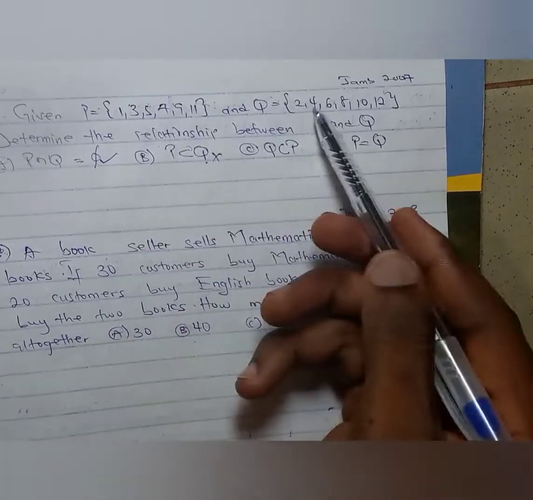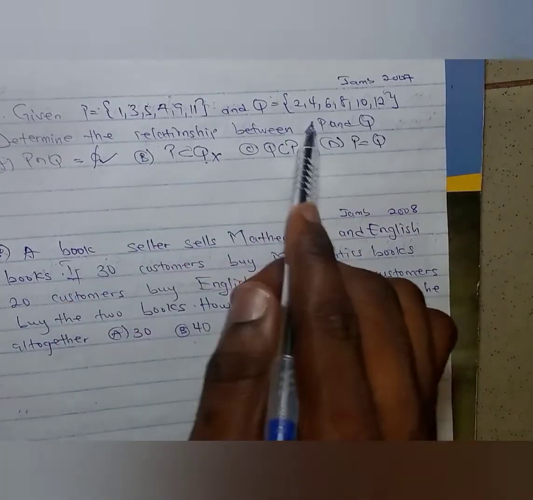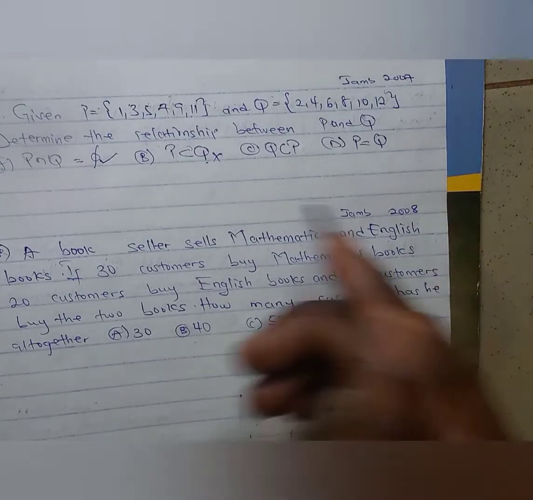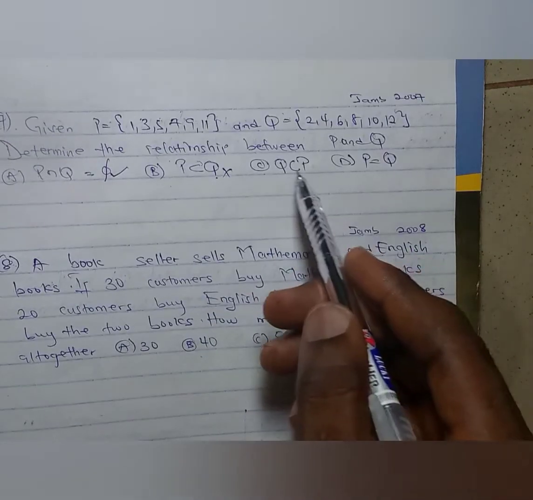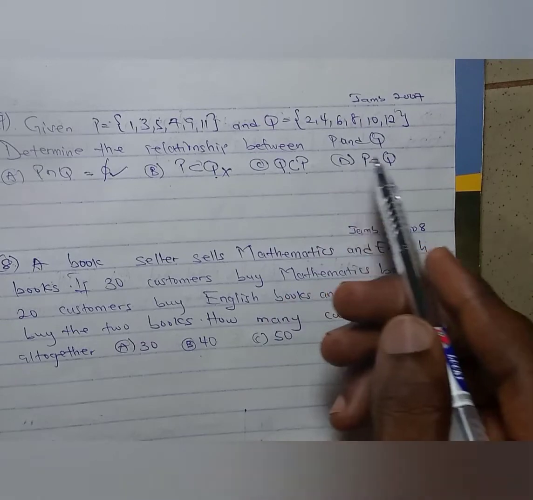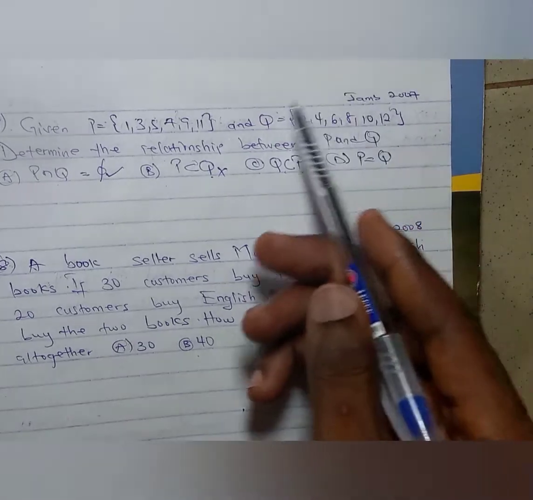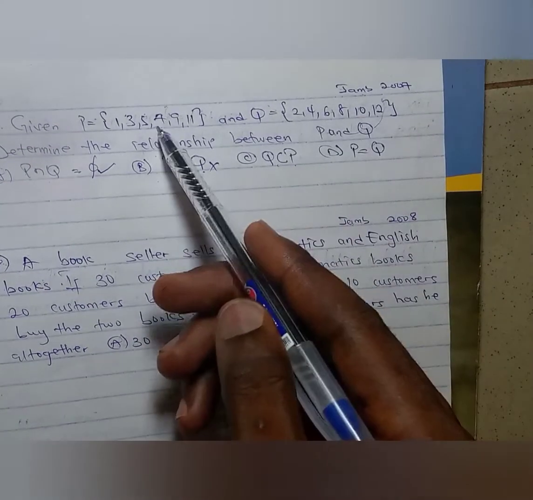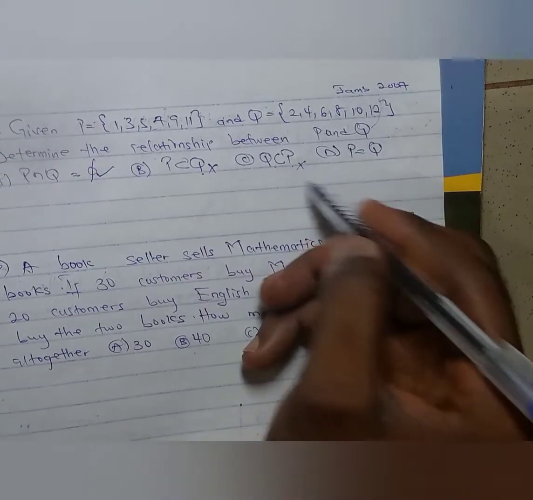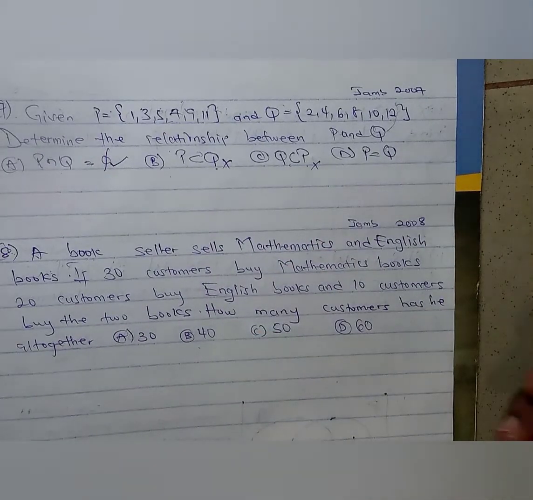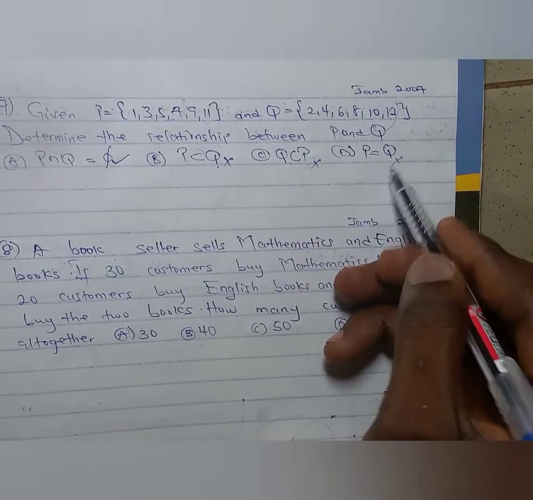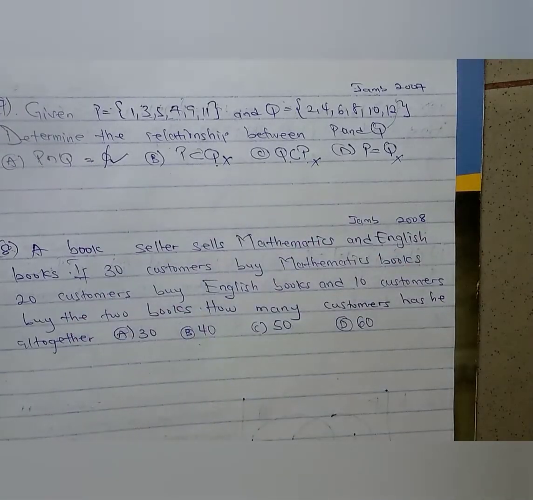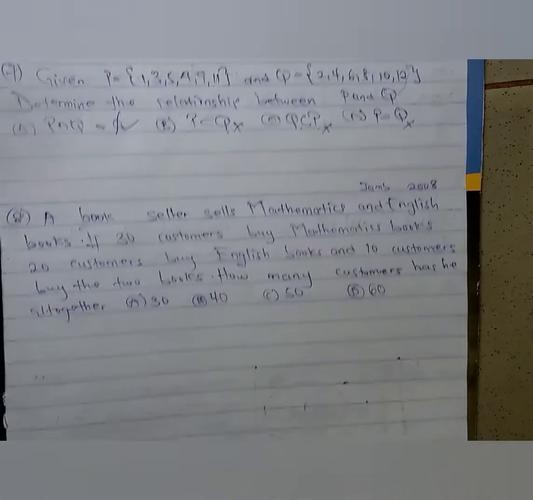All of P are not found in Q, so this option is wrong. Now Q is a subset of P. Are all the members in Q found in P? No, so this is wrong too. P is equal to Q. Very, very wrong. This is not equal, so only option A is the correct answer.